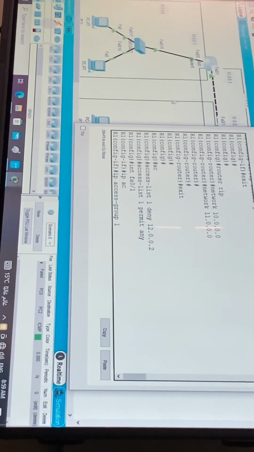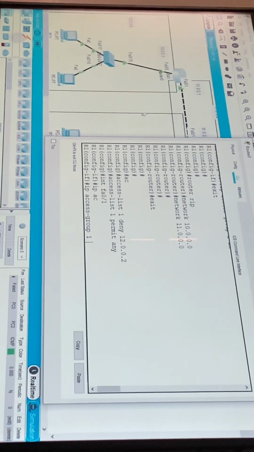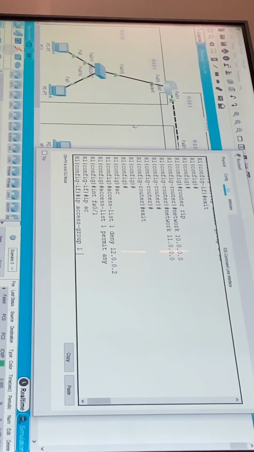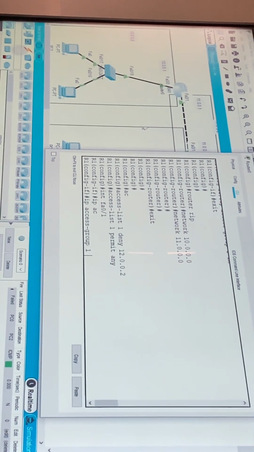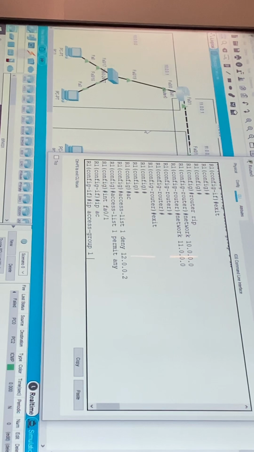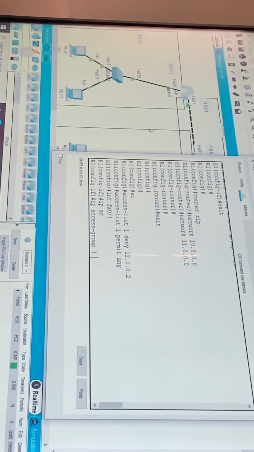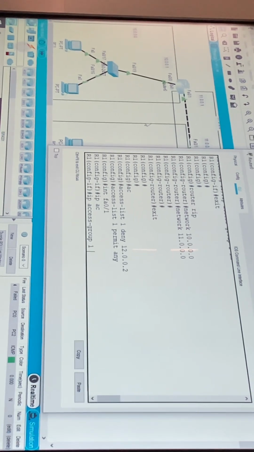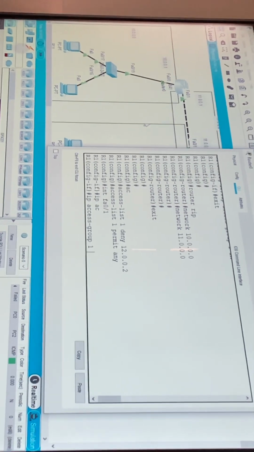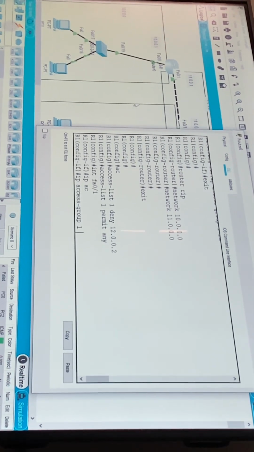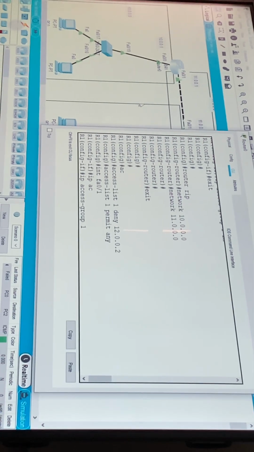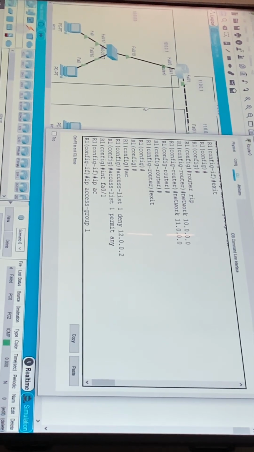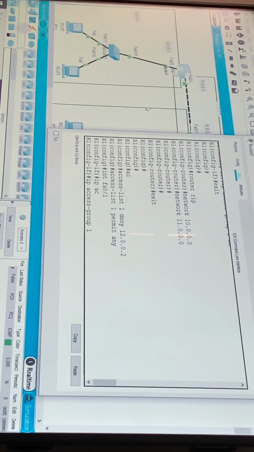Why? Because when I say you are not allowed out, not in, he will enter. And the acknowledgement does not have the same source; it's a different one. I'm saying I will deny the source from entering the network, from outside the network, not in. So when I'm in the network, no one said I'm not allowed, because the rule says not allowed to go out. So I will enter.